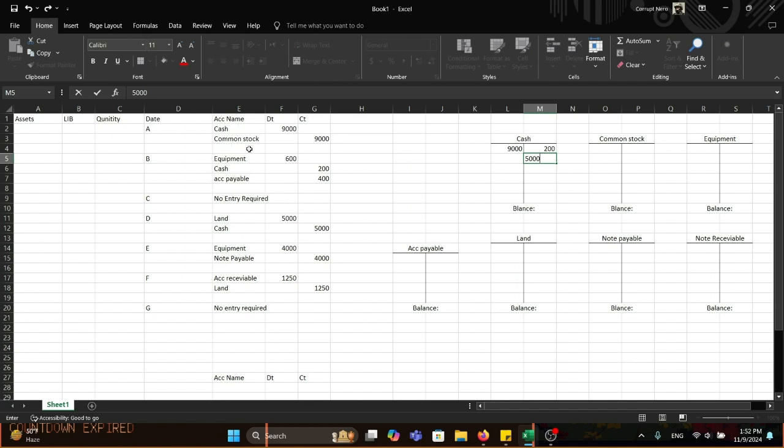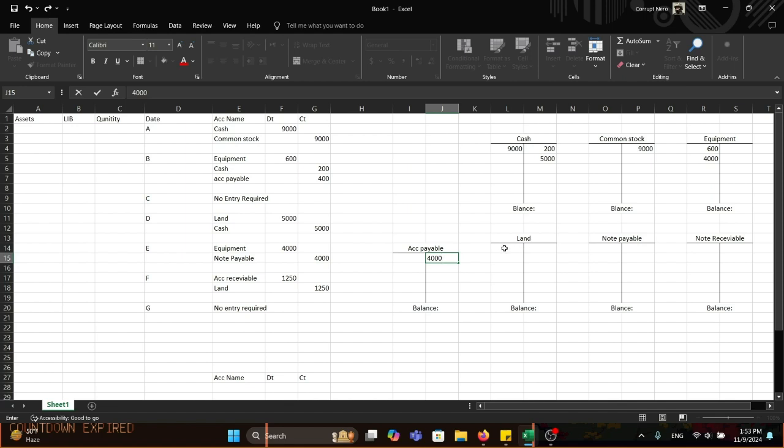Now go for common stock. As you can see, we only have one common stock in all of them, which is on the credit side, 9,000. In equipment, we have them as we bought them. We bought two, which is for the 6,000, 600, and we have for 4,000. So we're gonna write like this. Account payable, this is gonna be on the credit side, which is 4,000.